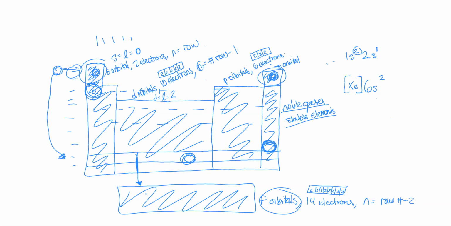So the row we're on is 6. So we're on the 6th row, minus 2 is 4. So our n number is going to be 4. And then the orbital is F. And then we know that there's going to be 14 electrons in there. And we're trying to get to gold. So we need to not only go through all of these, so that would give us 14, but we need to go past them now.